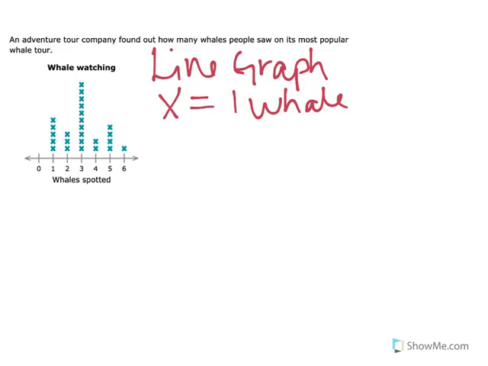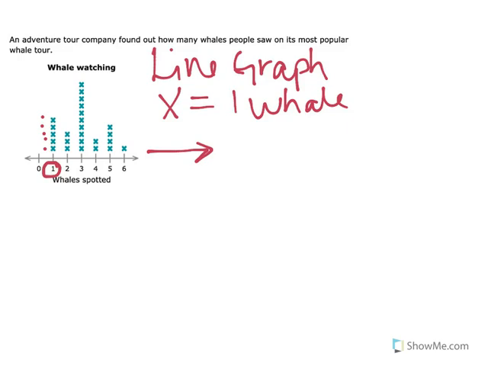So if I am looking at this line graph and I want to create my list of data points, I start and look at 1 whale spotted and I see that there are 1, 2, 3, 4, 5 X's.